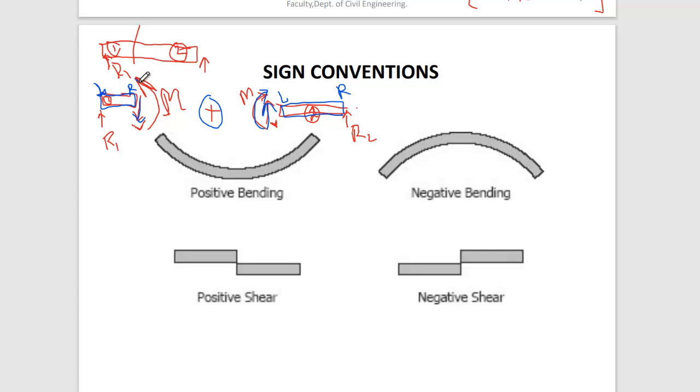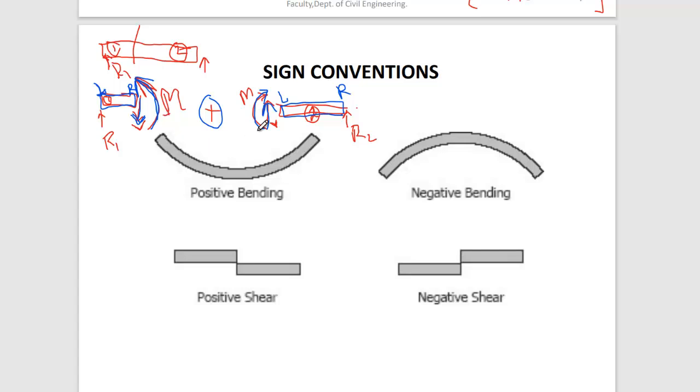Is it giving you more complexity or confusion? Do you understand these? Okay. So if you consider portion 1, for the right side, if the shear is downward and the moment is anti-clockwise, that means this shear is positive and the anti-clockwise moment is positive.